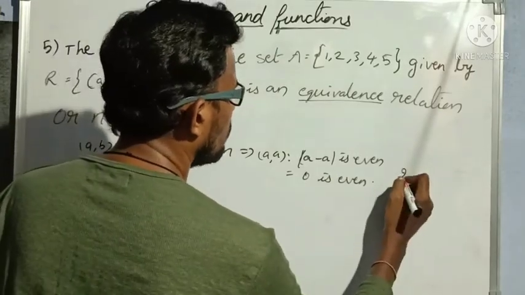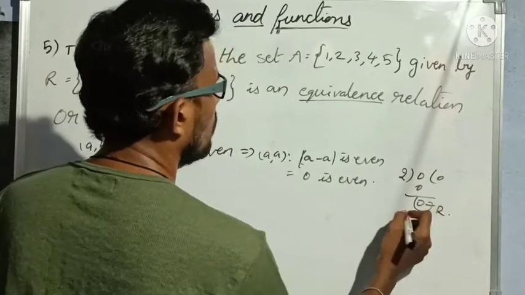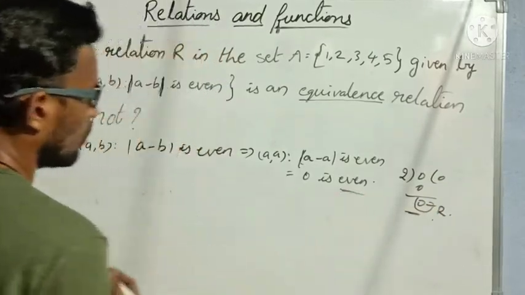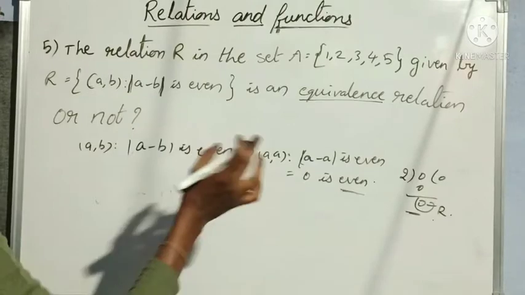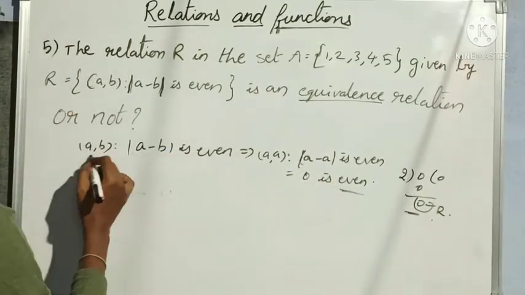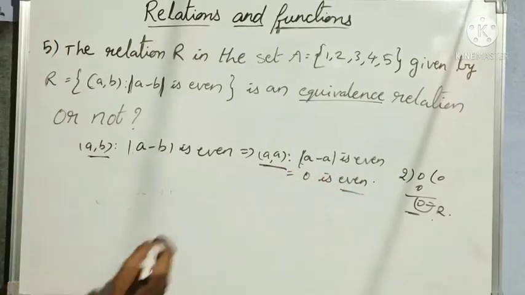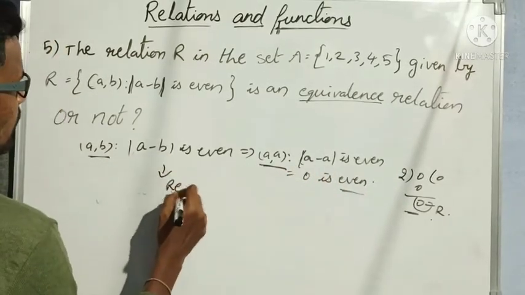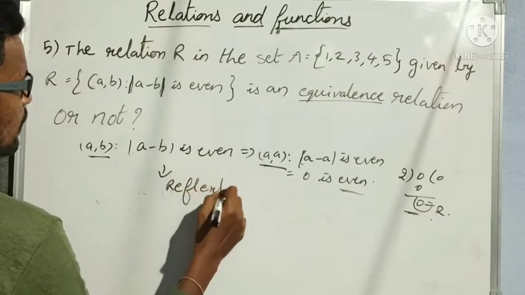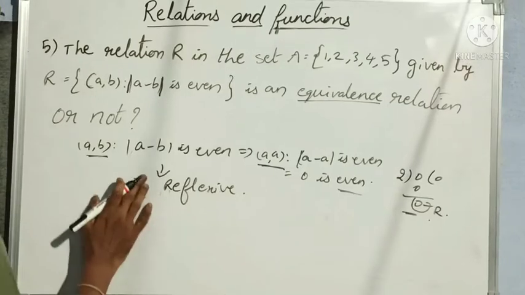If I take 2 times 0, 2 zeros are 0, here also I am getting remainder 0. So this is an even number. There should be no doubt whether 0 is even or not. Definitely 0 is an even number. So if (a, b) belongs to R, then (a, a) also belongs to R. What type of relation is this? Reflexive. So the reflexive condition is satisfied.